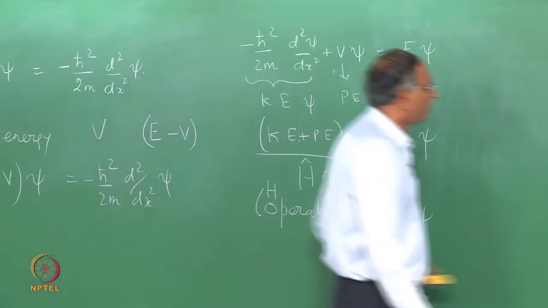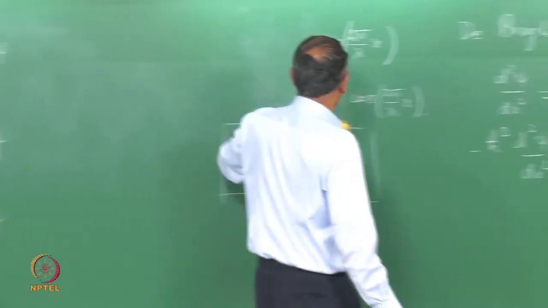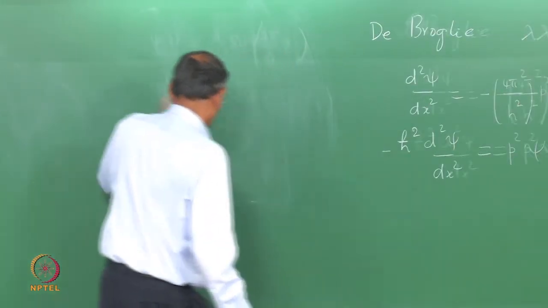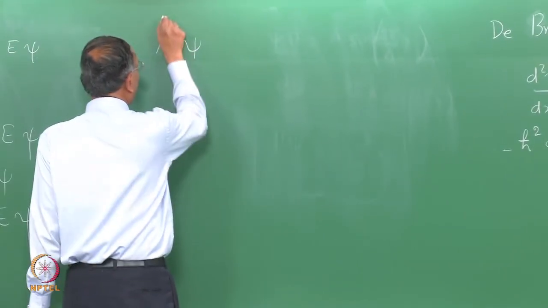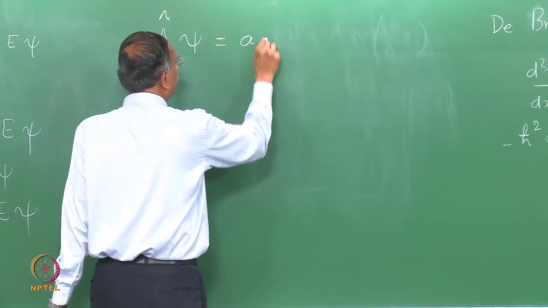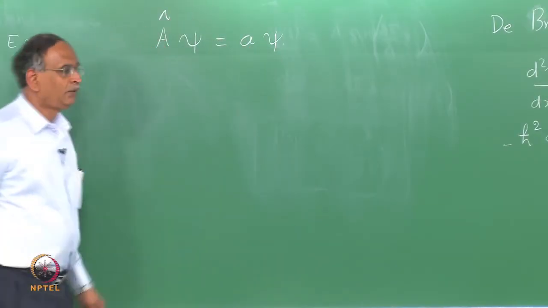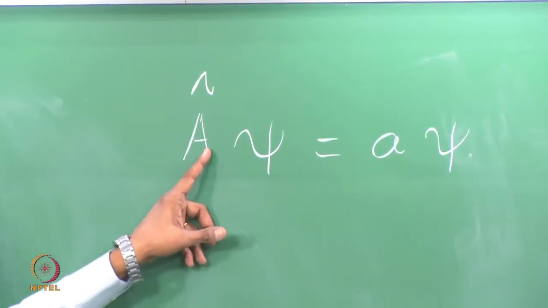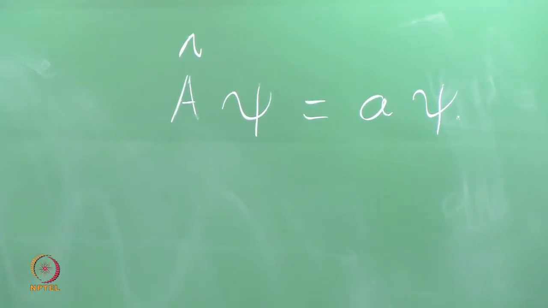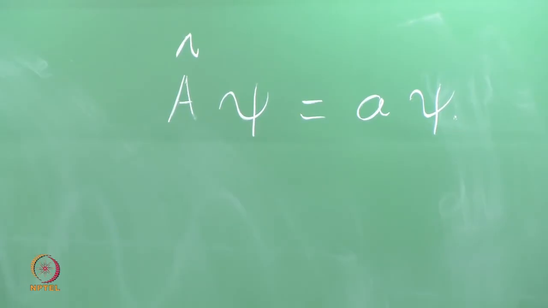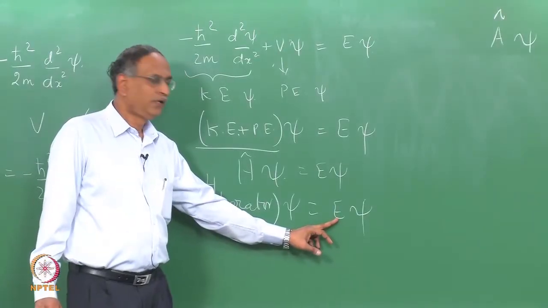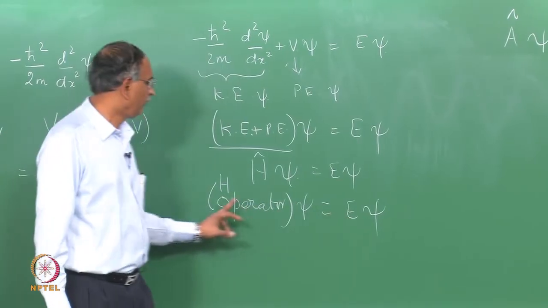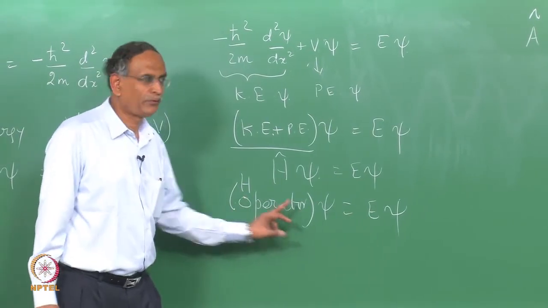Suppose instead of H, it's any other operator A that we are going to look at, A psi giving some constant times psi. Please remember, this constant has to have the same dimension as the operator A, in the same way that this constant has the energy dimension for the Hamiltonian operator, which is also energy.